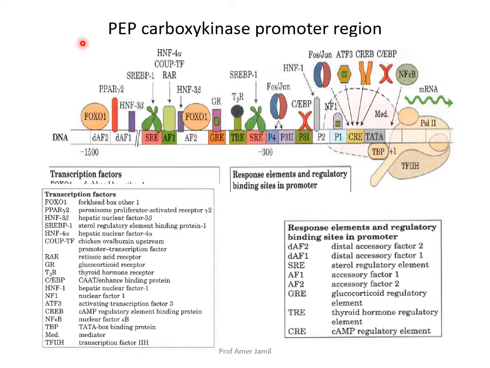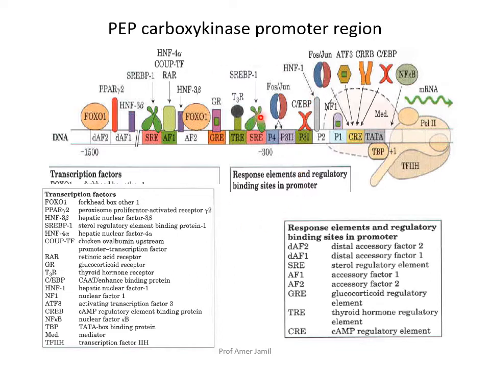This figure shows the complexity of the transcription factors in eukaryotic cells. This is just an example of the phosphoenolpyruvate carboxykinase promoter region, and you can see how many different protein factors bind at this place, including FOXO1 and many others, that eventually attract mediator and other transcription factors, and finally RNA polymerase 2 to perform the function of transcription.